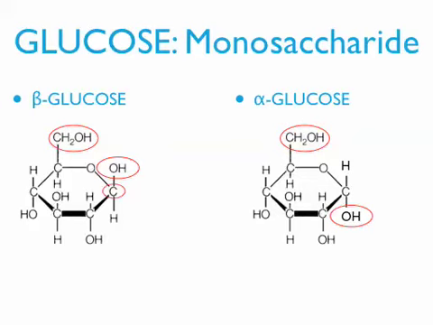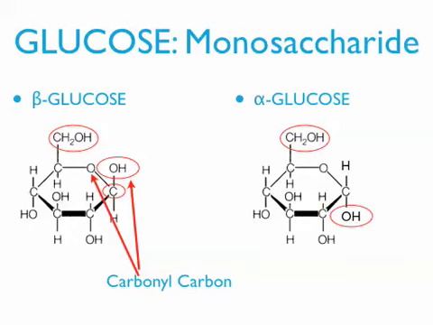When we're looking at the hydroxide group of interest, it's the hydroxide group that is bonded to what's called a carbonyl carbon. The carbonyl carbon is the carbon that is bonded both to the ringed oxygen and a hydroxide group. Examine very closely beta glucose on the left of screen.